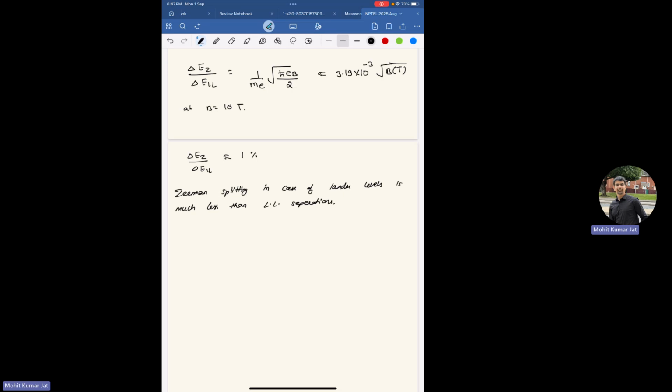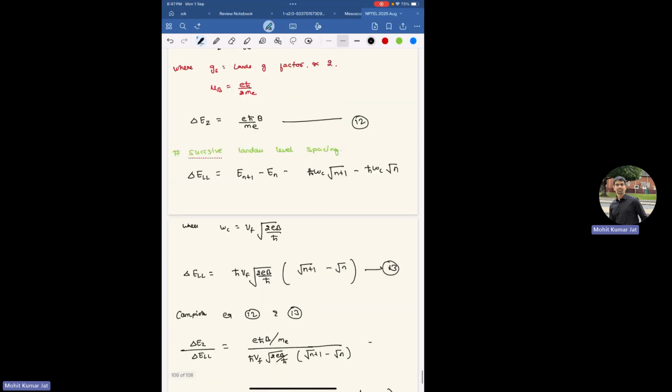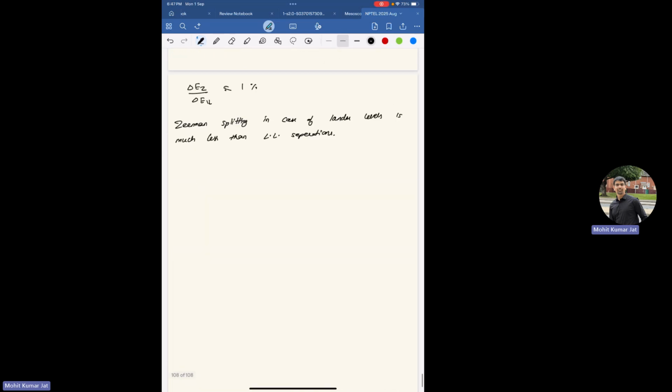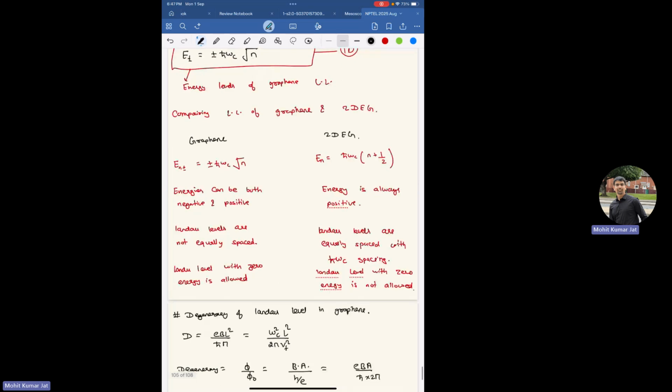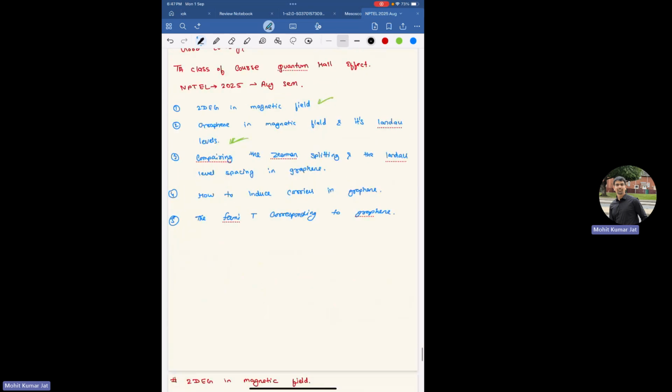So in this one, we compared the Zeeman splitting and the successive Landau level spacing in case of graphene. Now, if this is clear, let's revisit our today's goals.